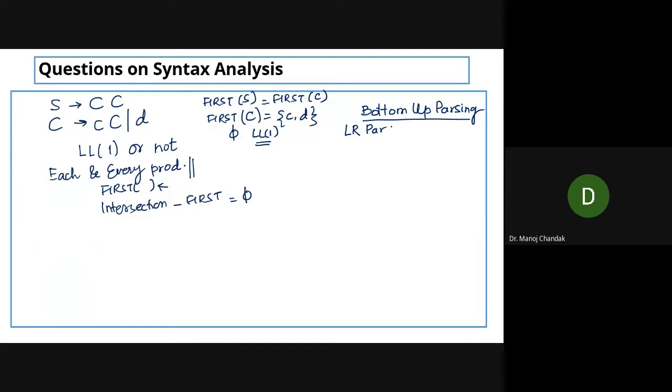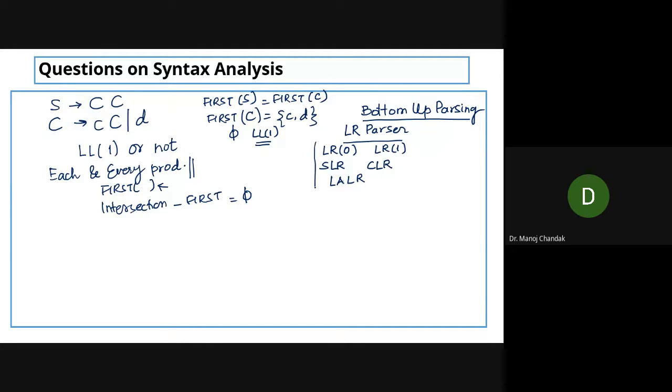The LR parser has various versions. You can take it as LR0, LR1, then SLR, which is simple LR, canonical LR, and look ahead LR.